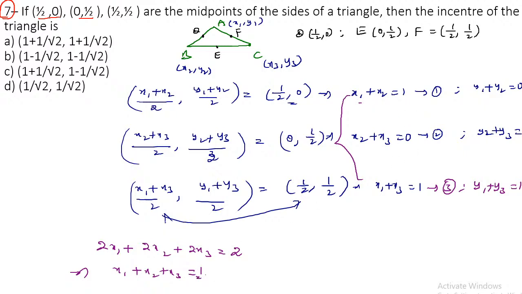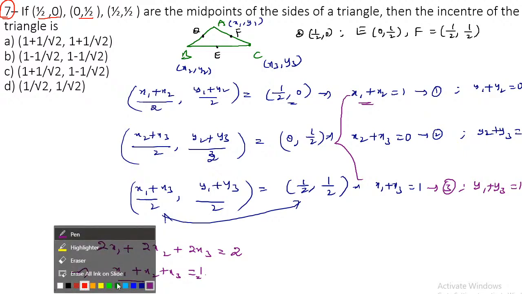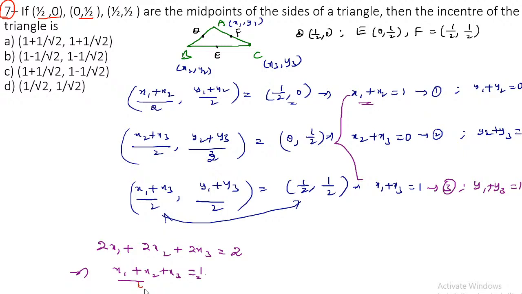We know x1 plus x2 is 1. So 1 plus x3 is equal to 1, which implies x3 is equal to 0.